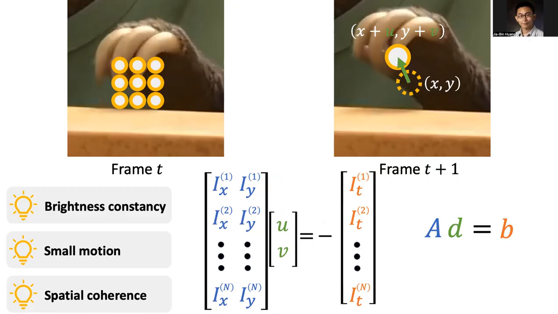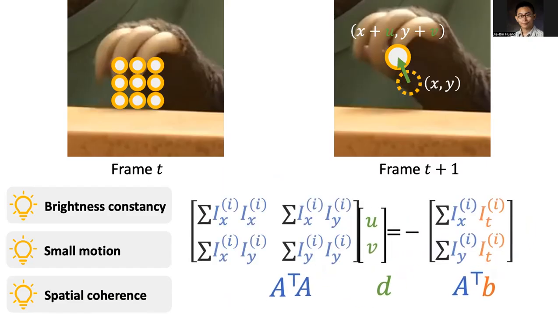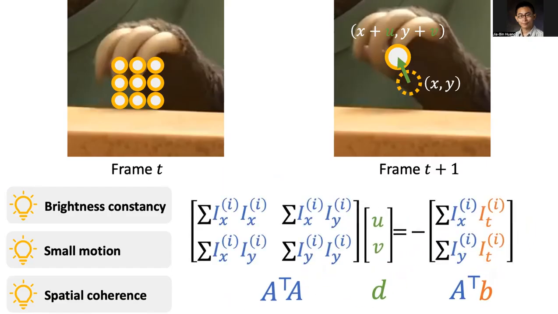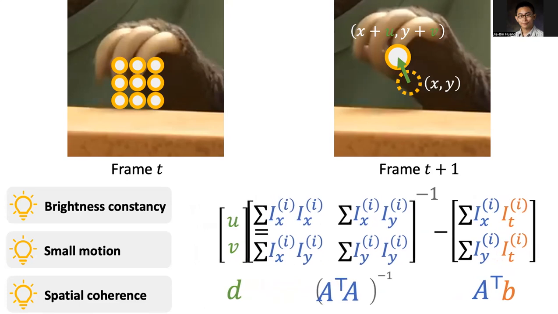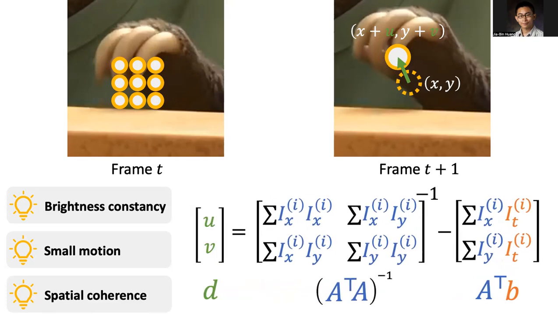Then you can use the tools of linear algebra to solve it. But there's a condition: to solve this, you need to make sure that A transpose A is invertible. That's basically the overall concept. Questions so far?